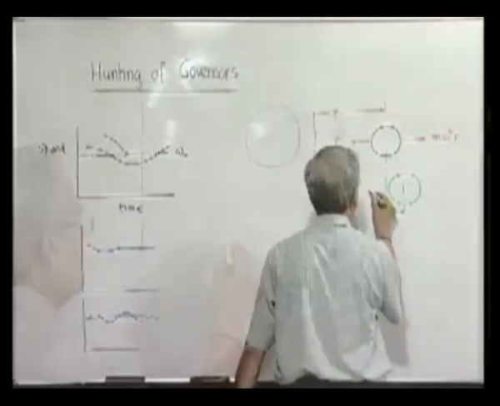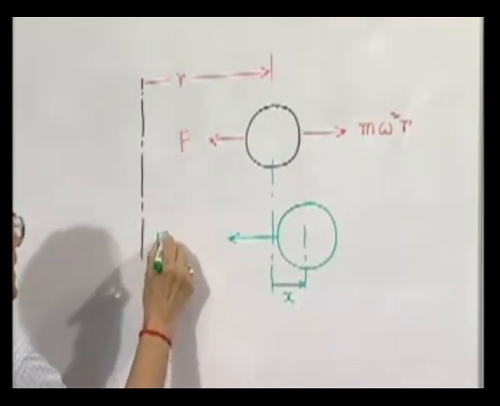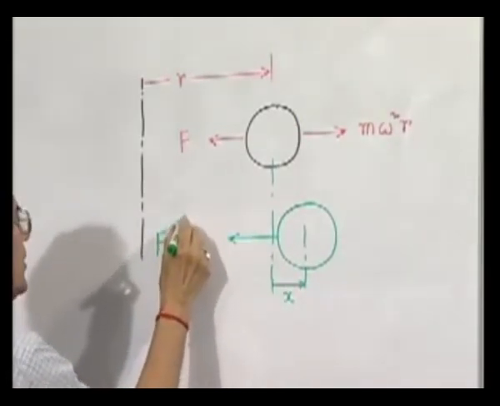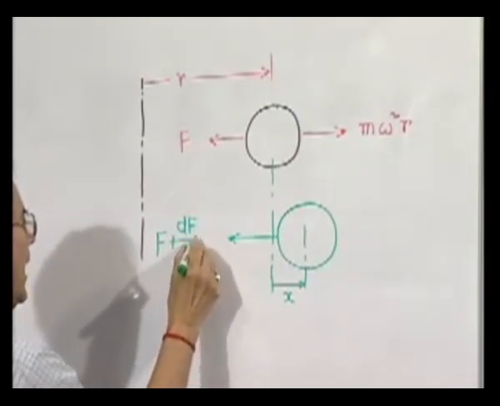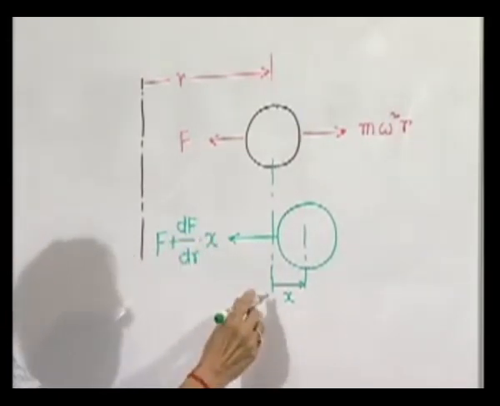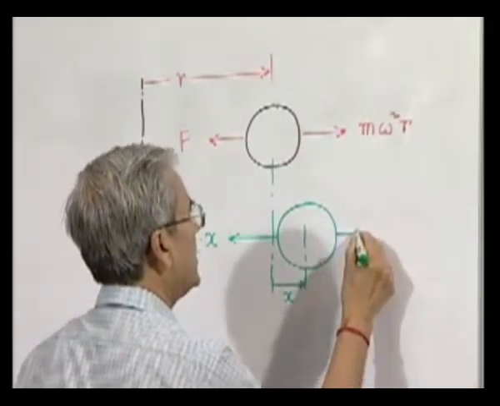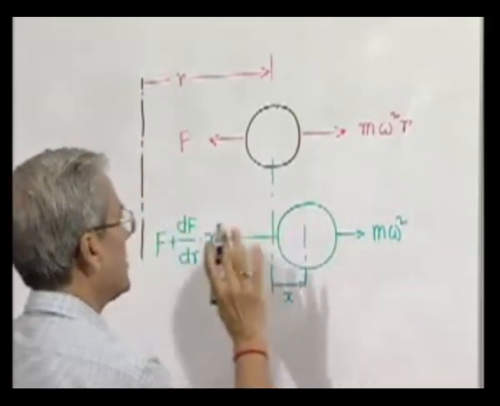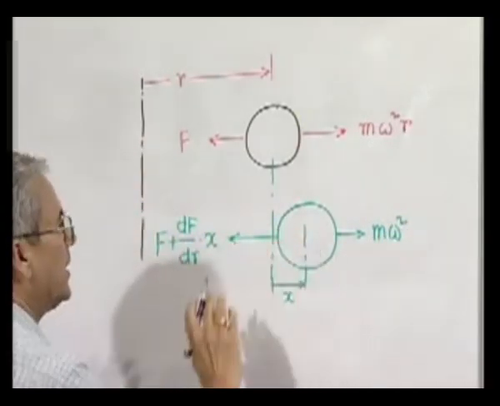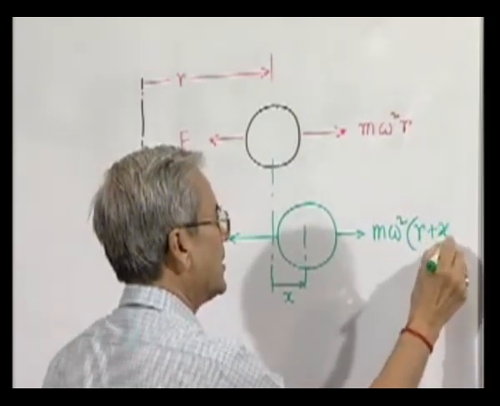So this force will be now what? It will change, it will be force at r plus the rate at which force changes with r, and the amount of change in r is x. And this is m omega square, which is same because speed has not changed, only the displacement has been provided, will be r plus x.